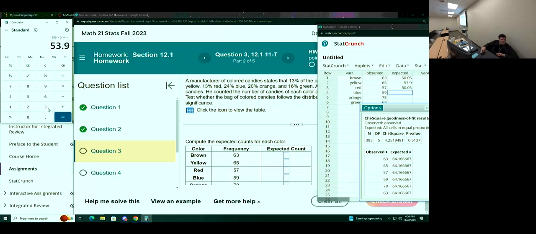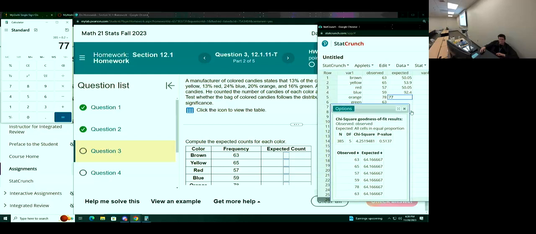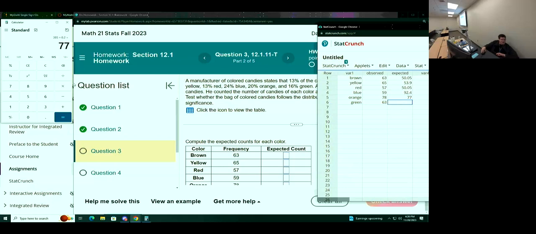Yeah, okay. 385 times 0.24 is 92.4. 385 times 0.2 is exactly 77. And 385 times 0.16 is 61.6.